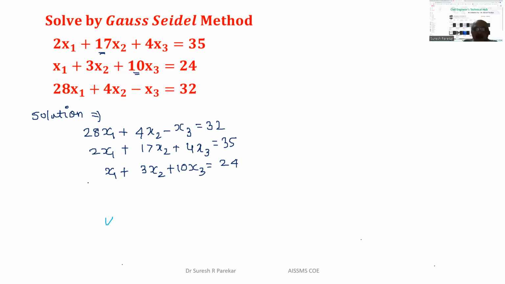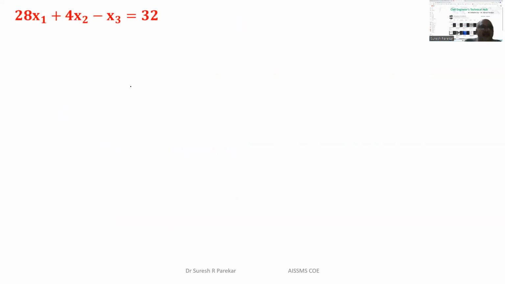That we have to keep in mind when we solve the problem by using Gauss-Seidel method. If we consider the equations in the same fashion, it will take a lot of iterations to solve the problem.